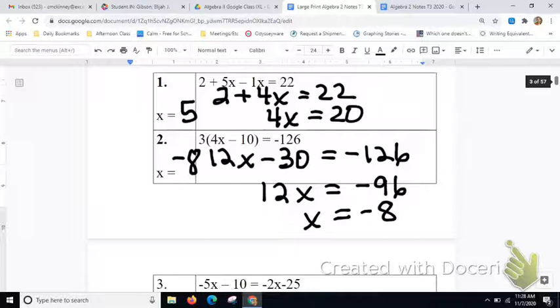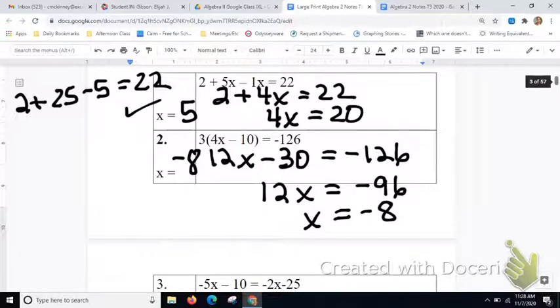Remember, you should always be able to plug a number into an equation to check solutions. So if I got 5, I should be able to do 2 plus 5 times 5 is 25, minus 1 times 5 is 5, should equal 22. 27 minus 5 does equal 22. Check, check.